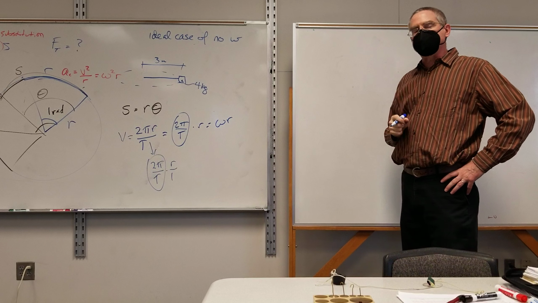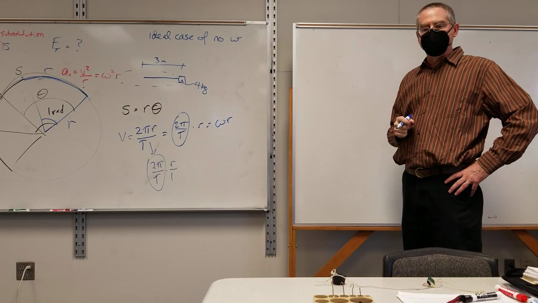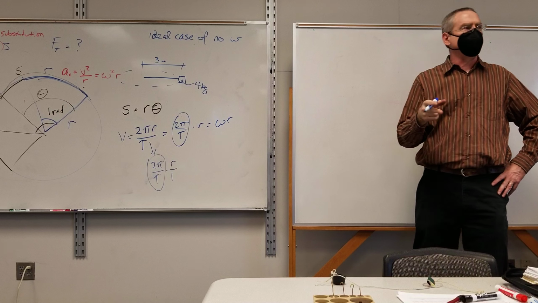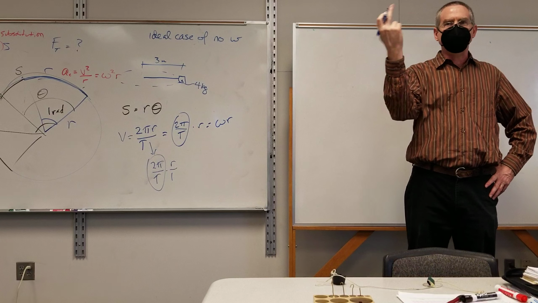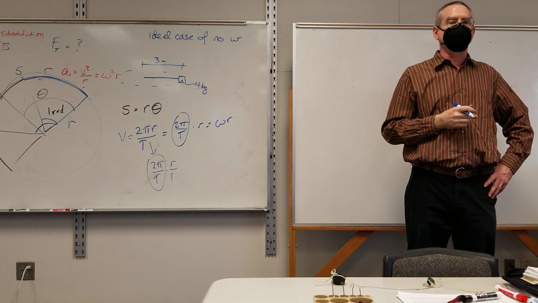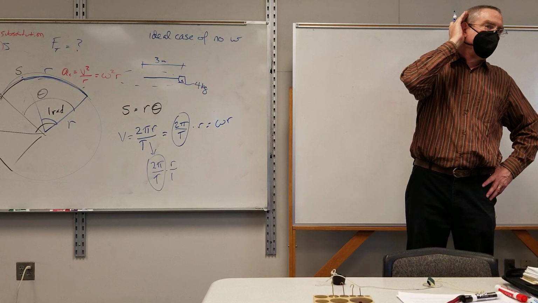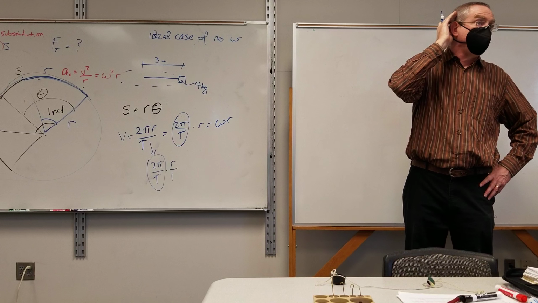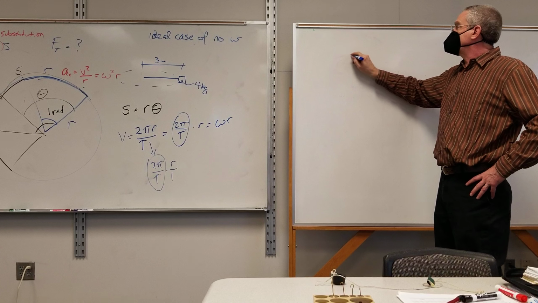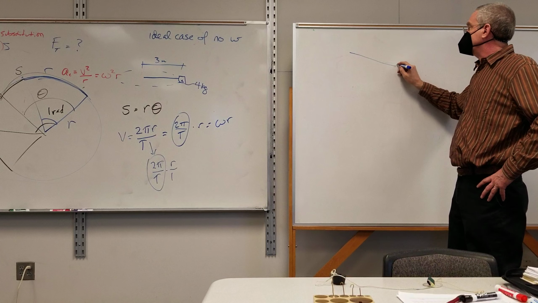If I'm swinging this with gravitational force, what's going to be different from what we just did? Without a gravitational force, we just did that problem. If I throw gravitational force into it, what's going to happen? It's going to pull it down. You said pull down? Yeah.